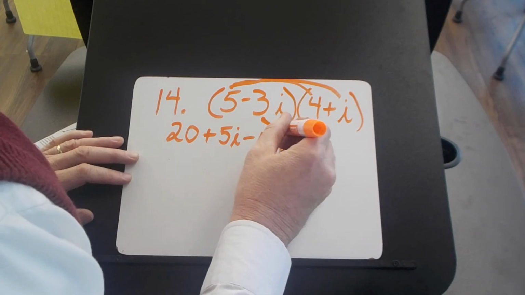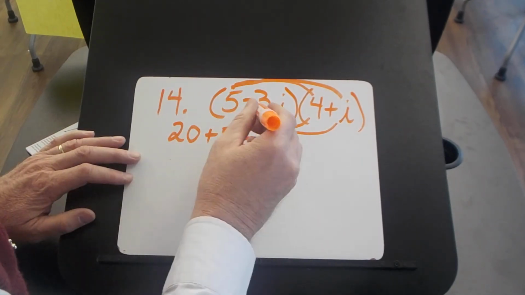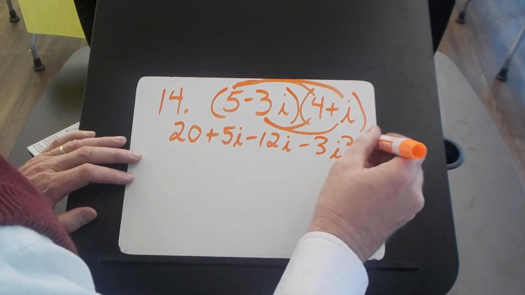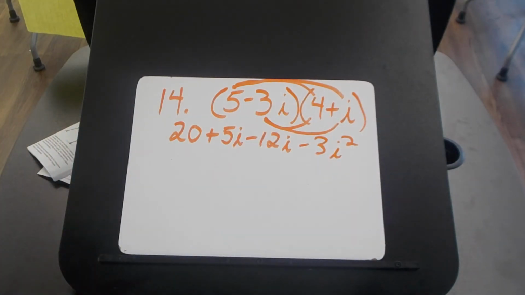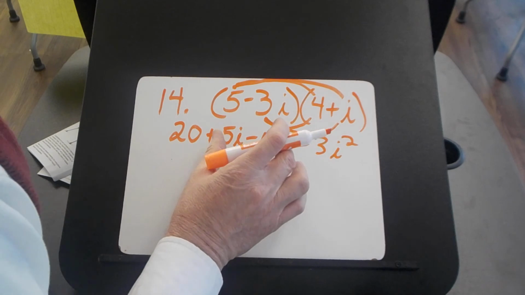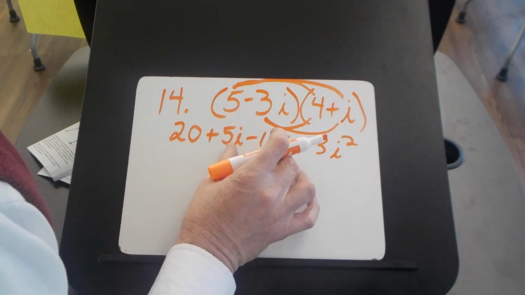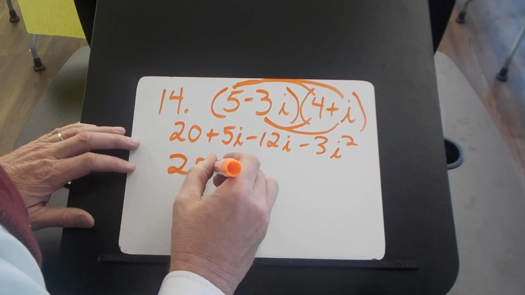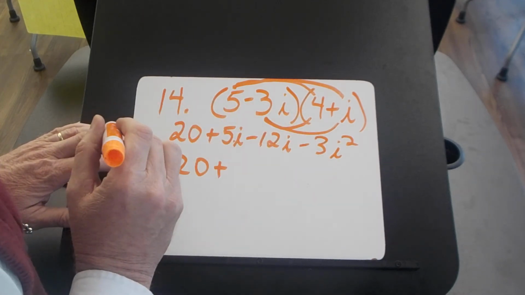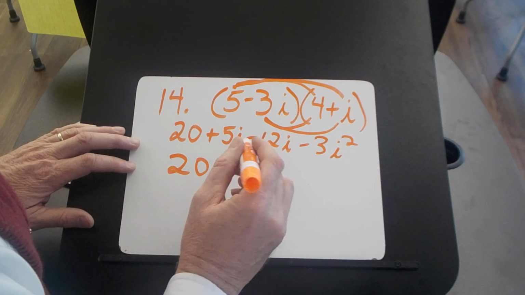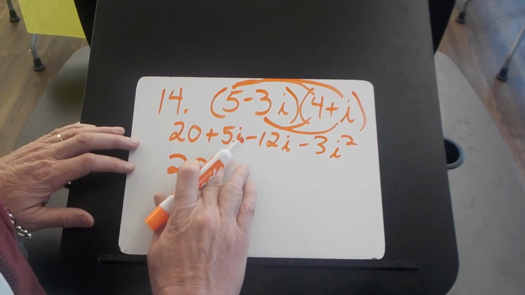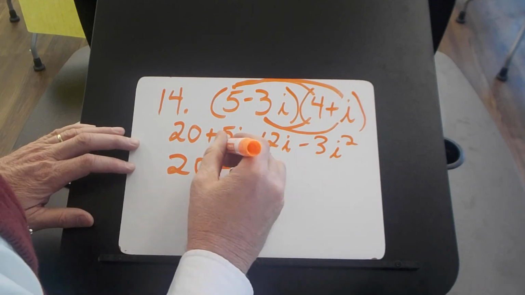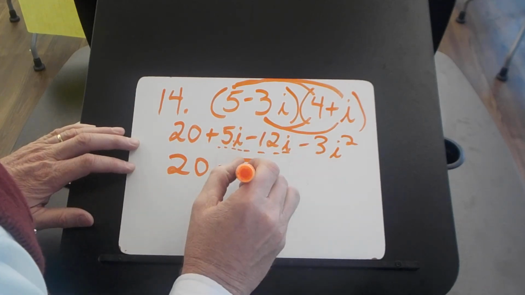And then last, negative 3i times i is negative 3i squared. Well, there's a couple things happening here. 5i minus 12i, I'm going to go ahead and combine those two. 20 plus. Now 5i minus 12i is negative 7i. Let me erase this and write minus 7i when I combine these two.